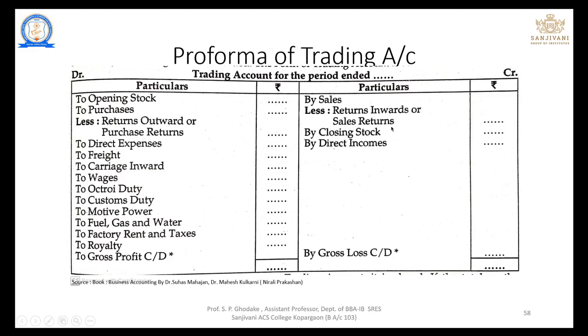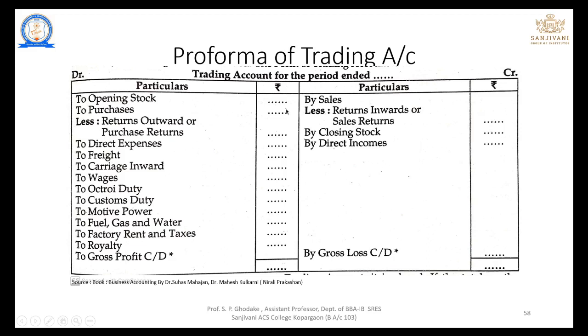On the credit side of a trading account we have by sales in the inner column. Then we subtract return inwards or sales returns from the sales, and we have the total in the outer column. Then we have the closing stock, and by direct incomes on the credit side.